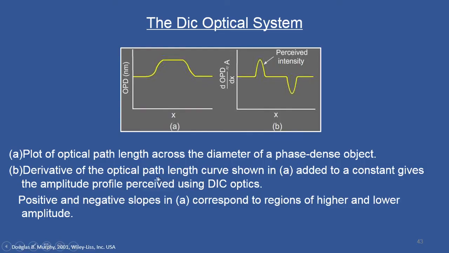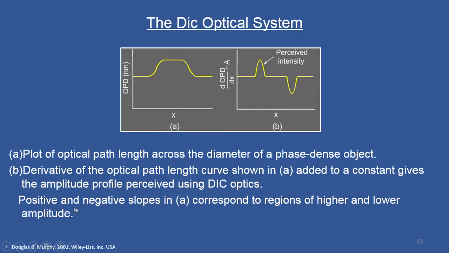So, look at schematic B, the derivative of the optical path length curve shown in A added to the constant gives the amplitude profile perceived using DIC optics. So, you can see that it is a derivative, a differential of optical path difference over a small distance dx versus distance. Here you have a perceived positive intensity and here a perceived negative intensity.